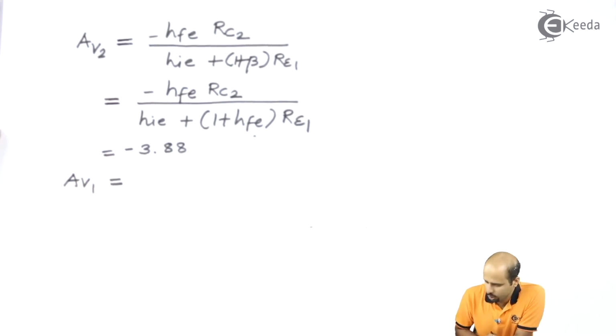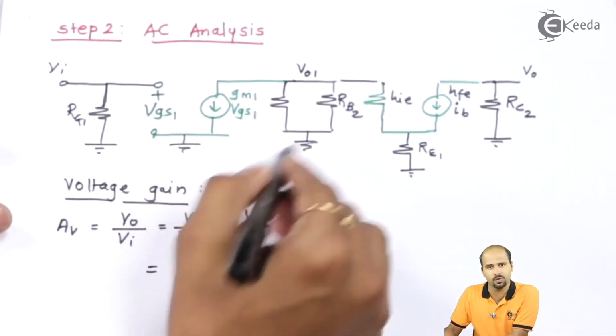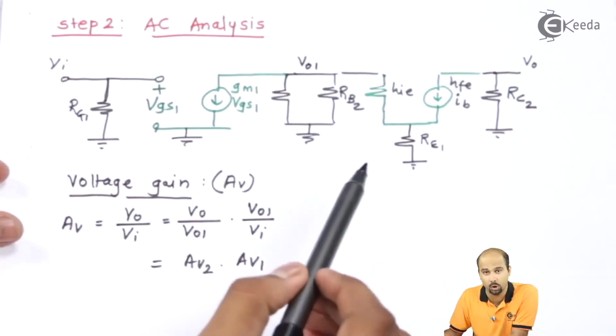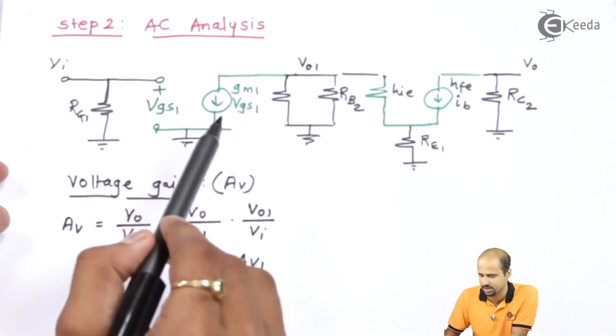Let's calculate the value of AV1. AV1 is nothing but the voltage gain for the first stage, VO1 divided by VI, which I have to find out using JFET. So we apply the formula for JFET with bypass capacitor.